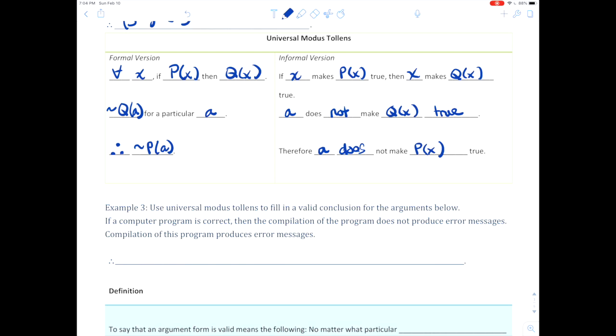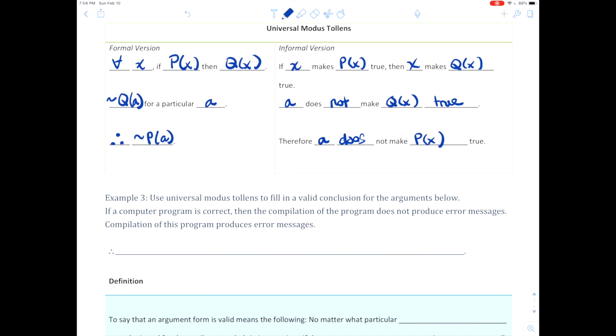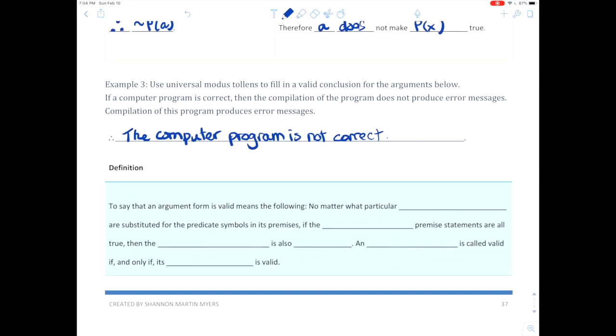The point being is that the second predicate was negated, and so we would say therefore what was that first predicate? It's about the computer program being correct, right? So we would conclude that therefore the computer program is not correct. Okay?